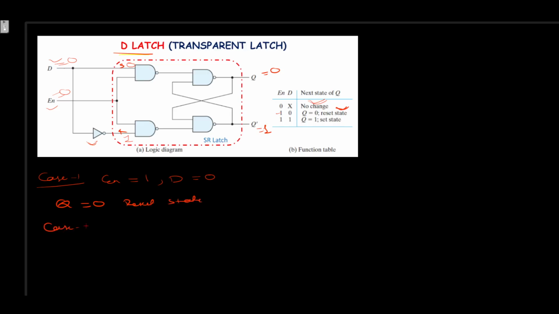Similarly, in case 2, when the enable pin is equal to 1 and D is equal to 1, let's see what happens with the inputs. Now D is equal to 1, and because of the NOT gate, the value received here will be 0. Internally, it is just an SR latch.